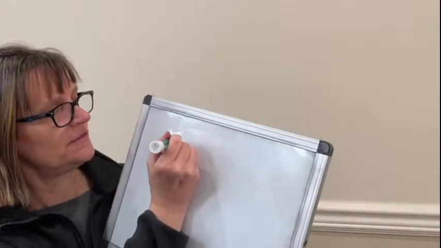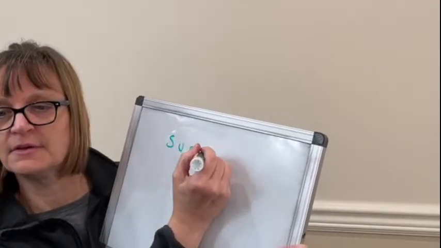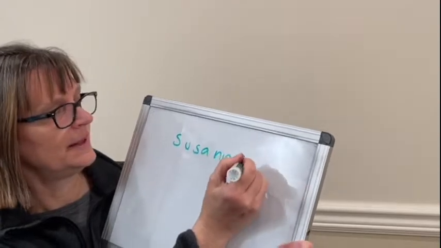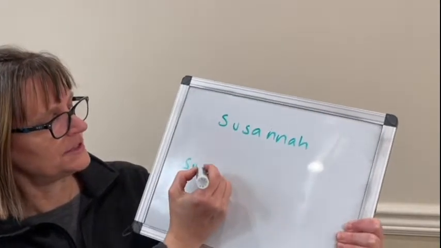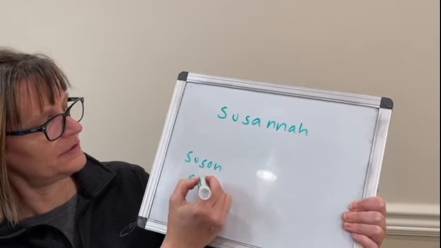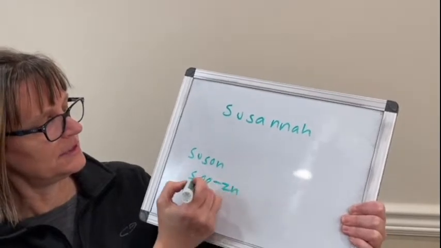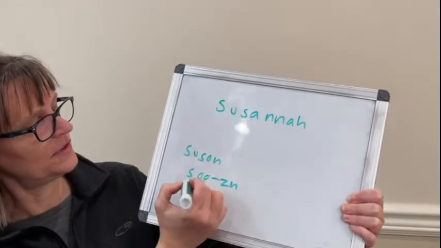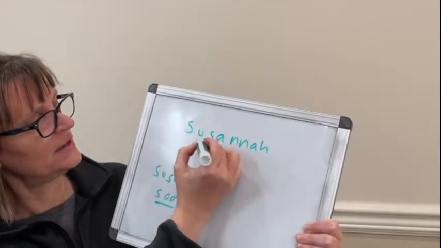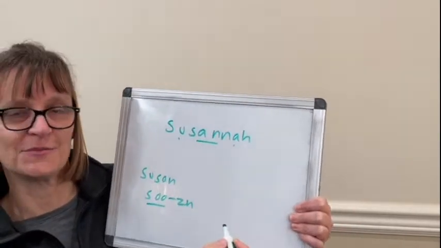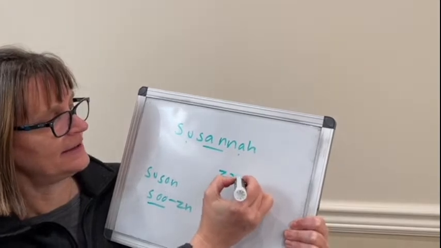And let's see. We have a question about the name Susannah. So Susannah is a little bit odd because we have two S's. And in the name Susan, we have Susan, with first syllable stress, but in Susannah, we stress in the middle syllable za.